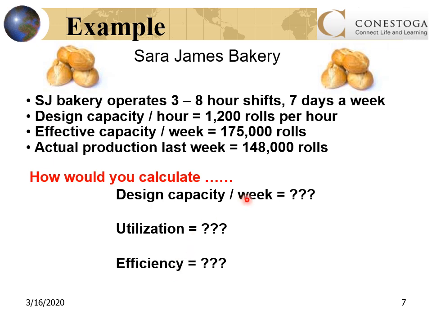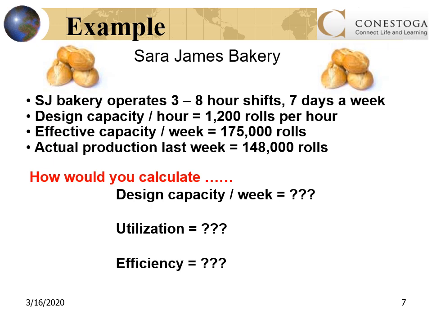So let's try to find out the design capacity per week. In order to measure the design capacity per week, I need to know the design capacity per hour, which is 1200. So 1200 multiplied by, it is working for 3 8-hour shifts. So in a day, it's going to work for 24 hours. So 1200 multiplied by 24 multiplied by 7 will be the design capacity per week.